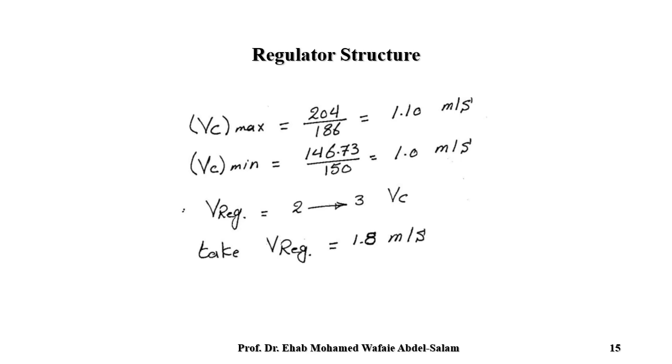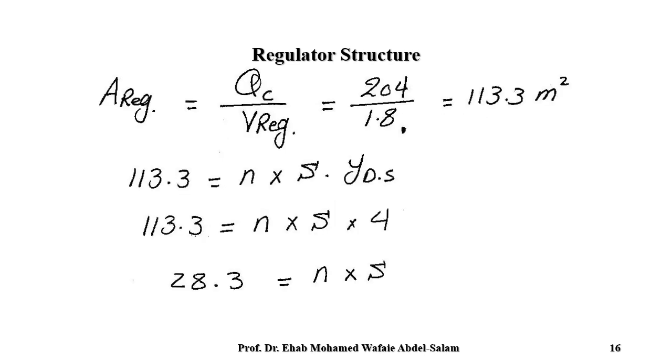V regulator from 2 to 3 V canal. Take V regulator 1.8 meter per second due to that. So A regulator equals this, not A regulator actual, A regulator only.